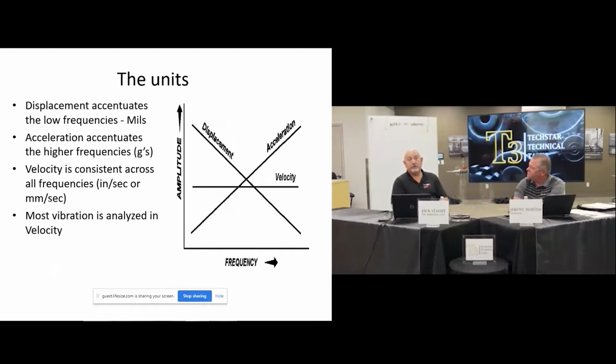And velocity measures across the frequency span pretty equally, but not as accurate in resolution. But velocity is why we would use that as a walk-around vibration program, because we can identify low frequency and high frequency at the same time, and then go back with our analysis.